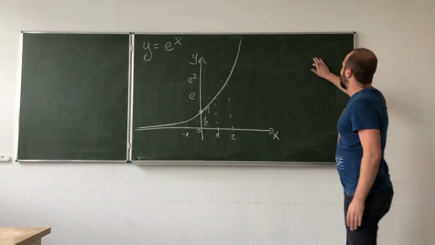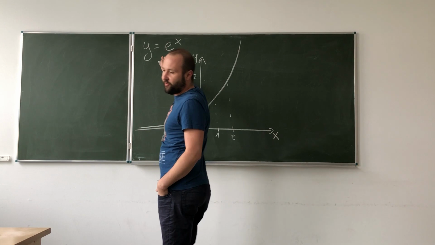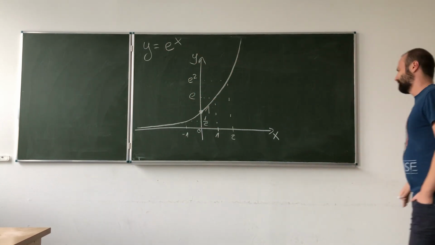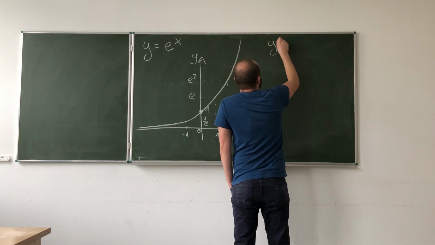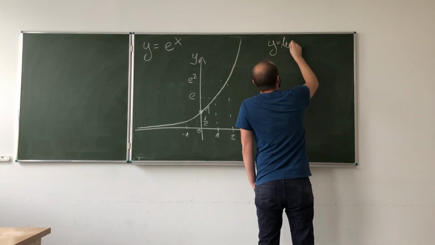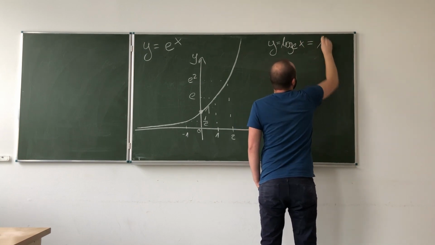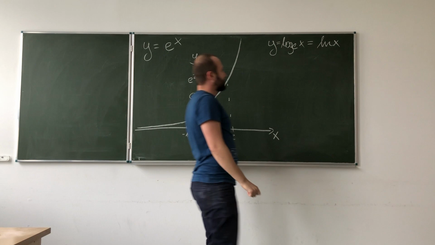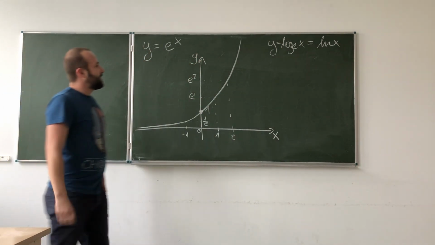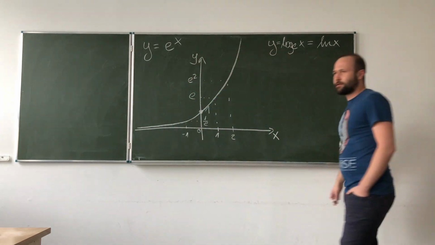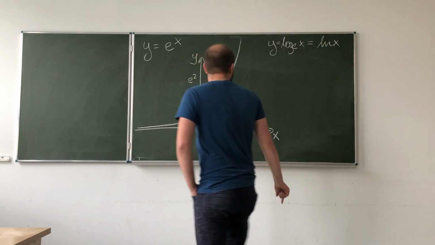And look, now that we have natural exponential function, because this is how we call it, we can also start wondering about a logarithm with base e out of x, which we will simply call natural logarithm of x, or ln x.